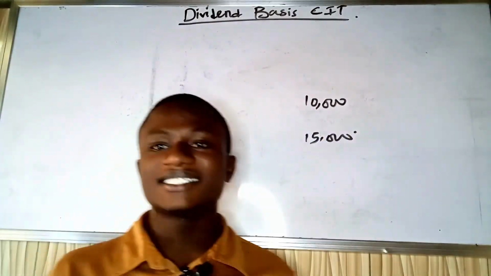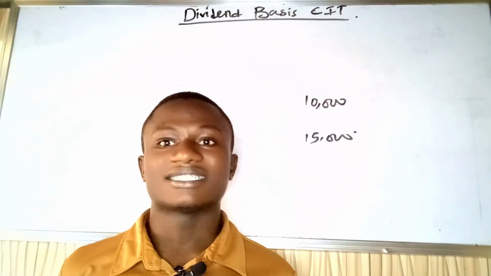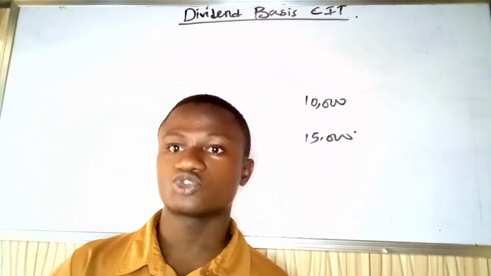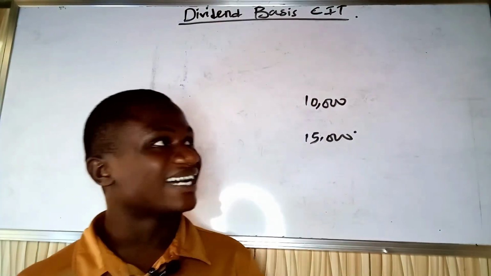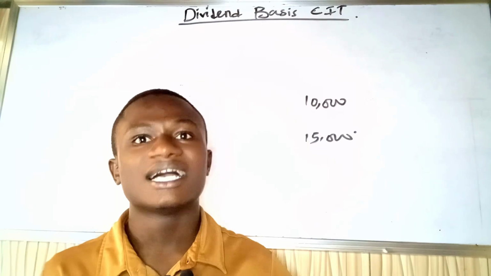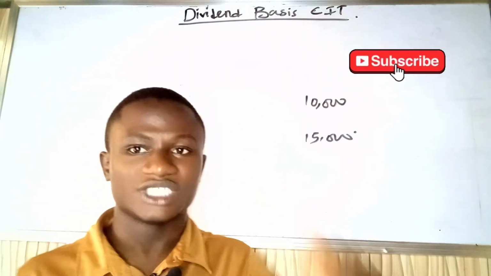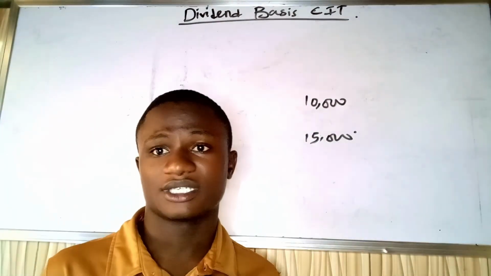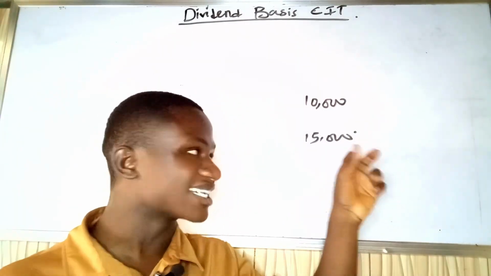Because anytime a company has retained earnings from previous years that they did not spend, probably they made 100 million, they decide to keep 20 million and spend the rest, that retained earning brought from previous years has been taxed in those previous years. So you don't apply tax on them again. Retained earnings was actually gotten from the company's profits, and the company profit must have been taxed as of then. So you don't tax retained earnings again.